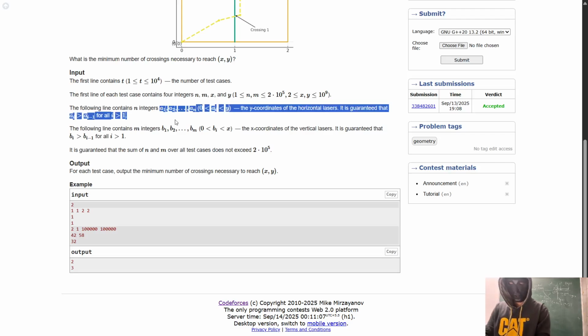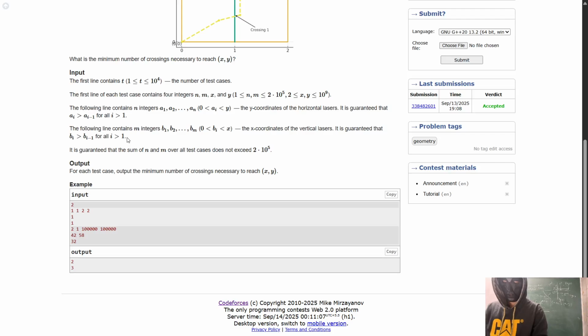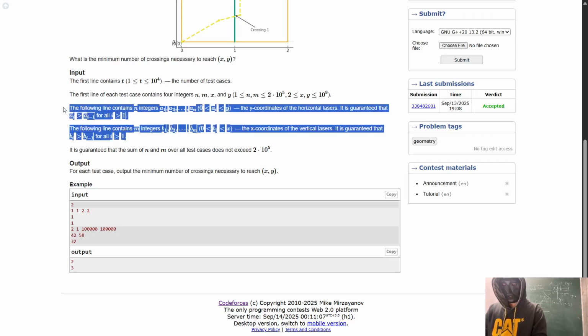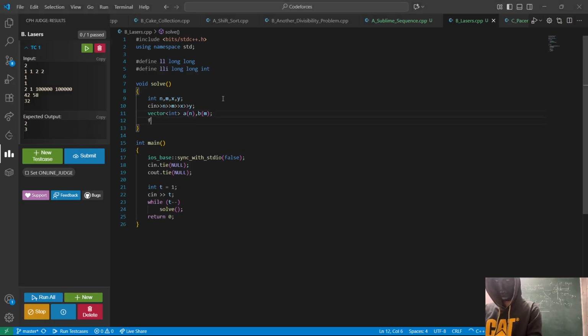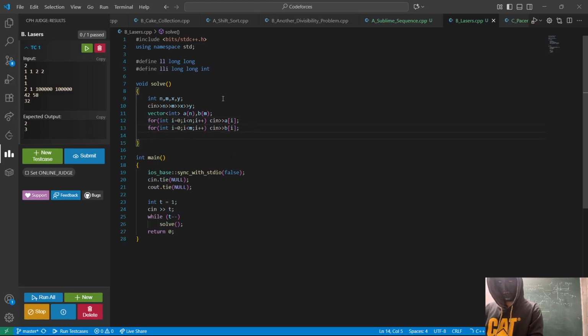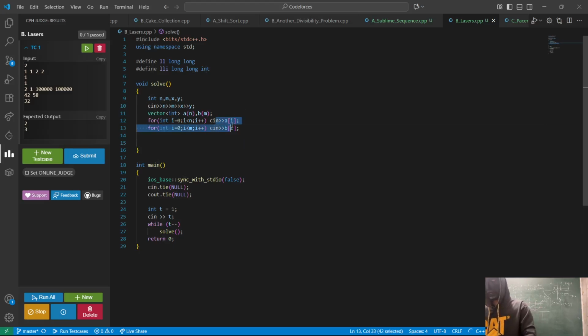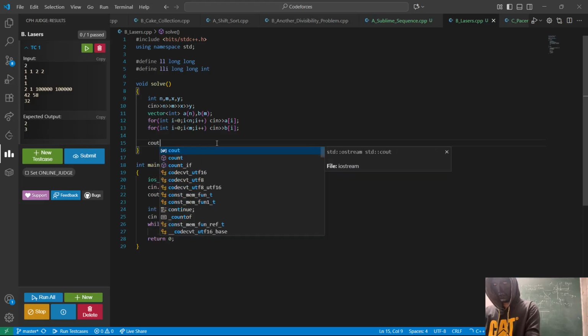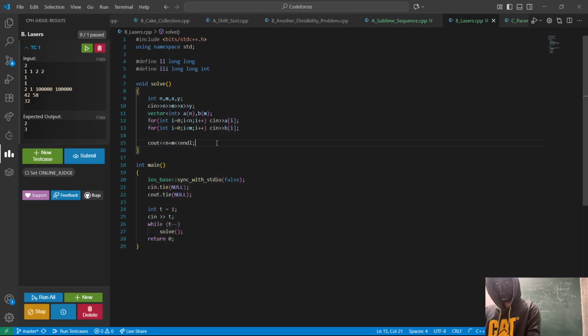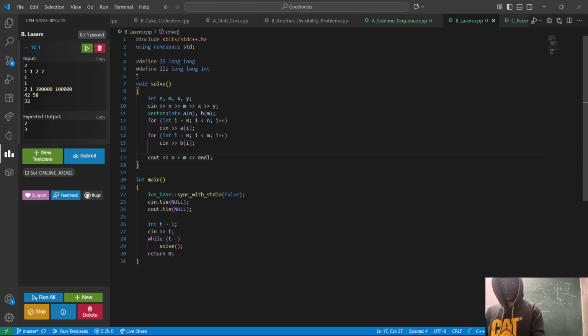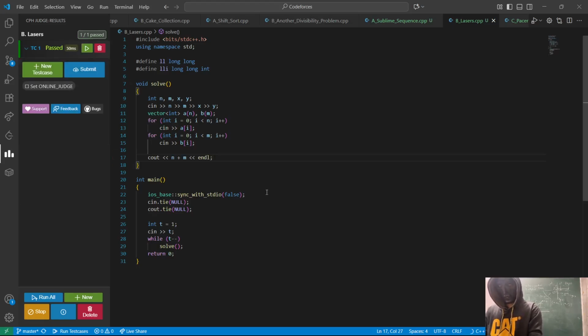Like two vectors there, this is basically not necessary. Even if they have given it to you, just take it, but your answer will always be n plus m. We'll have to take these values also because they are giving them. So let's take values a and b. These are the positions of the horizontal lasers, and these are the positions of the vertical lasers, right? Once you've taken those values, you will just display n plus m, because all the lasers in vertical and all the lasers in horizontal, you will have to cross.